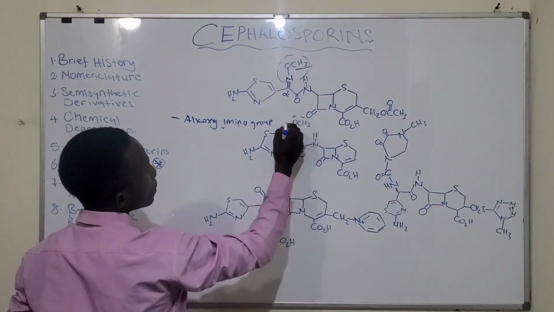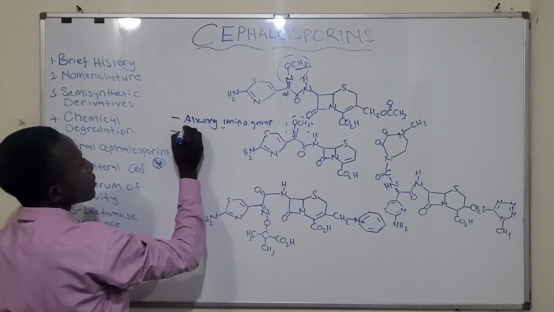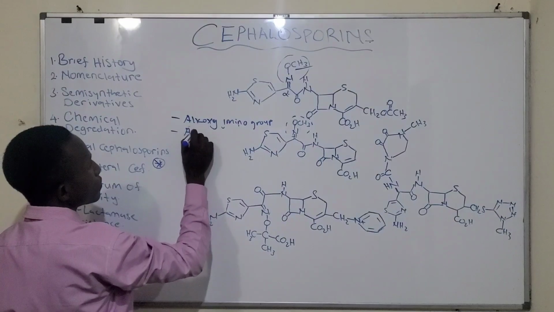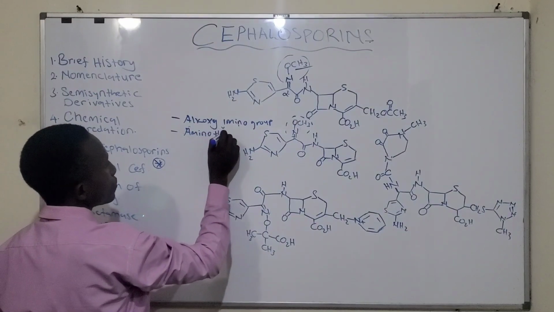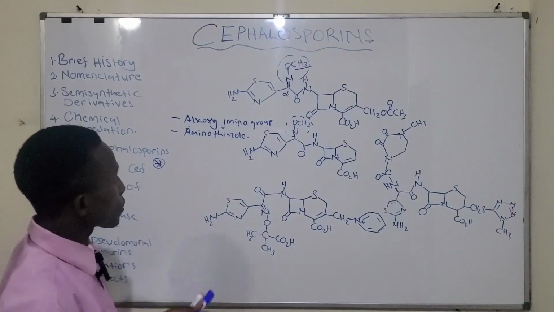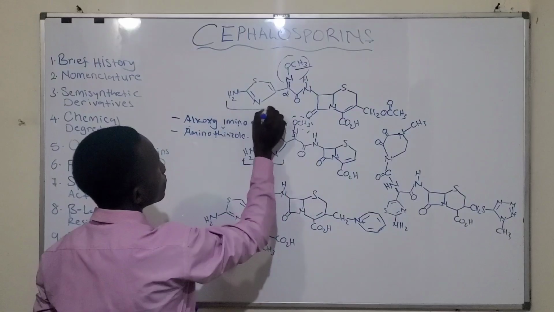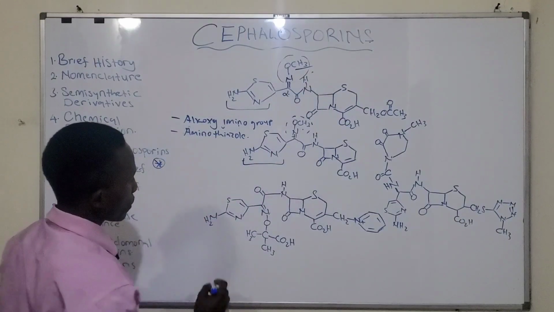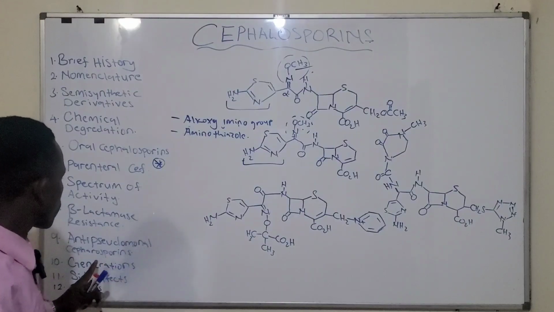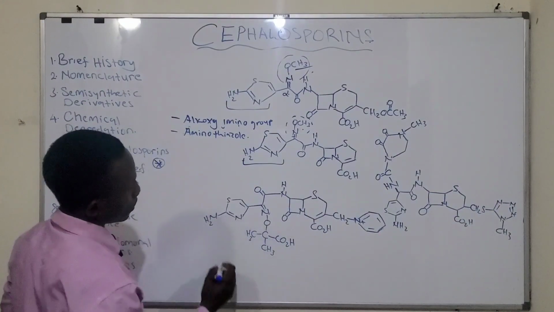So these groups with the amino thiazoles should be there, both of them. So if it has this group and this group, they have the activity against Pseudomonas aeruginosa, but not all of them.